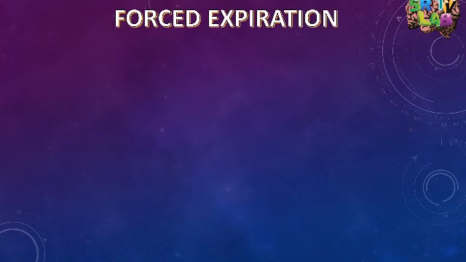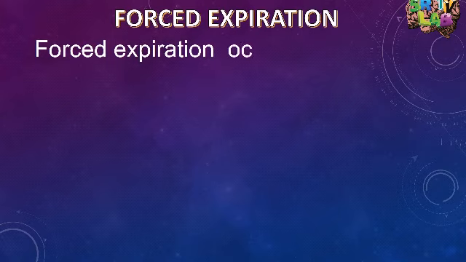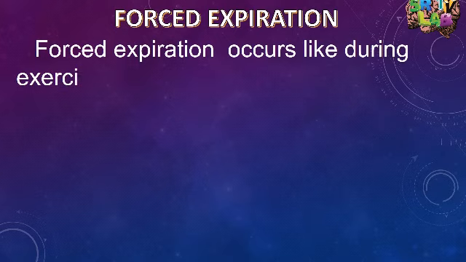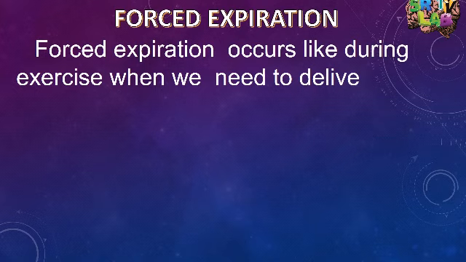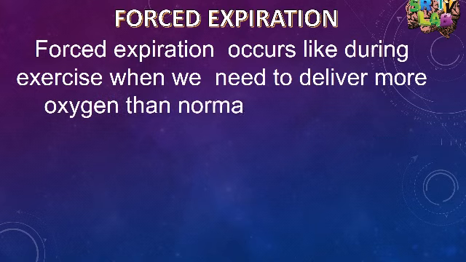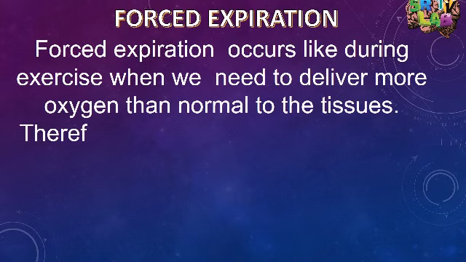So guys, there is a time when expiration becomes forced. So let's see what is forced expiration. Actually, forced expiration occurs like during exercise when we need to deliver more oxygen than normal to the tissues.